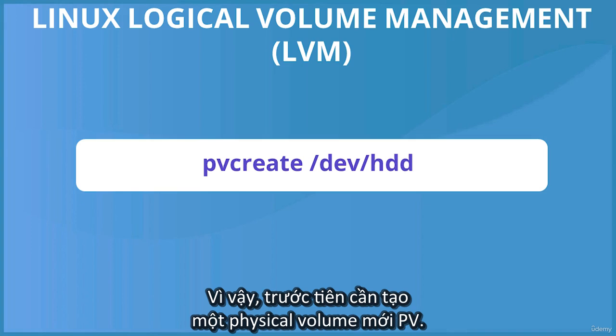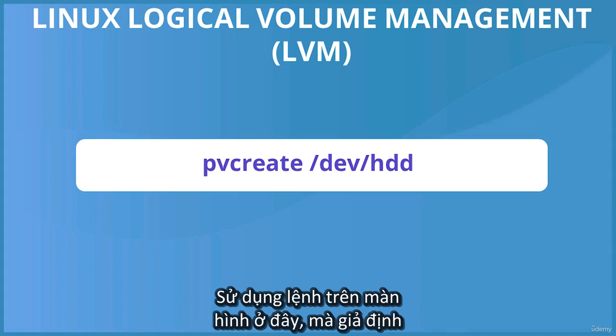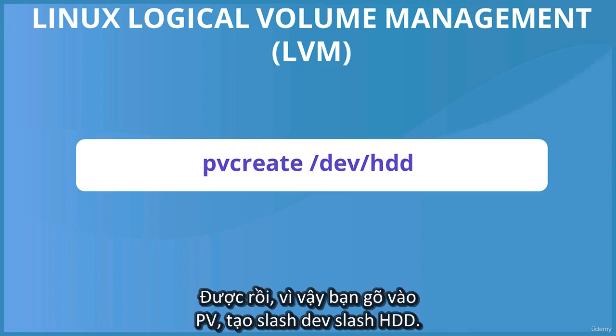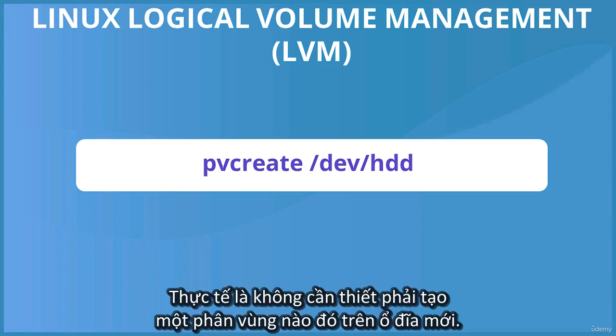It's first necessary to create a new physical volume, PV. So use the command on the screen here, which assumes that the new hard drive is assigned as /dev/hdd. Okay? So you type in pvcreate /dev/hdd. It's actually not necessary to create a partition of any kind on the new drive.